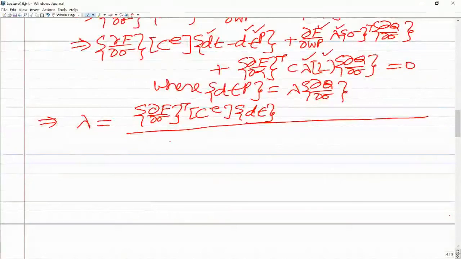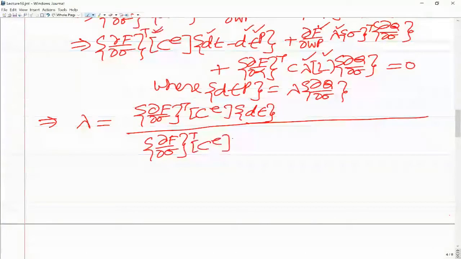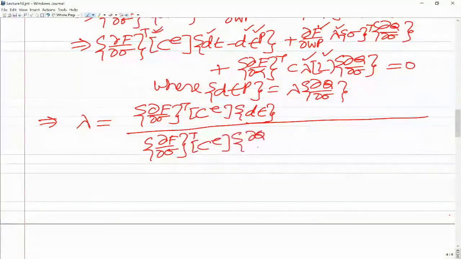So in the denominator we have del f by del sigma transpose. I forgot to write that transpose in the first term, so there is a transpose here, please make a note. So del f by del sigma transpose into Ce into del q by del sigma, because d epsilon p is lambda times del q by del sigma. So this is the first term.